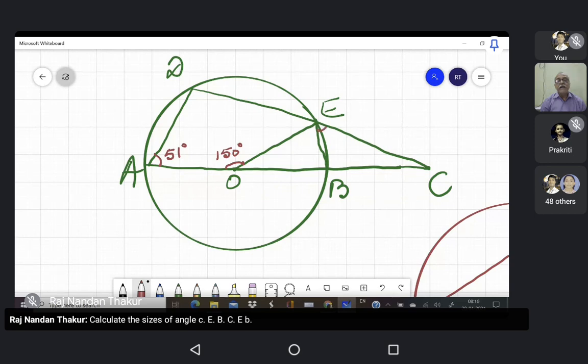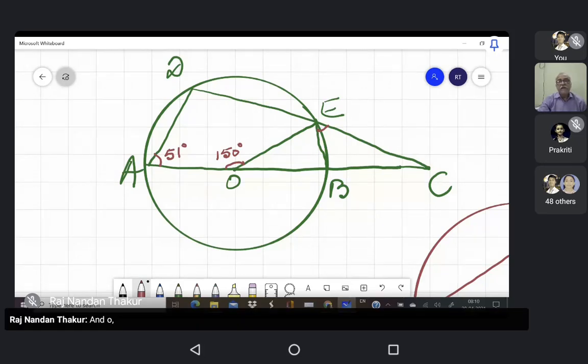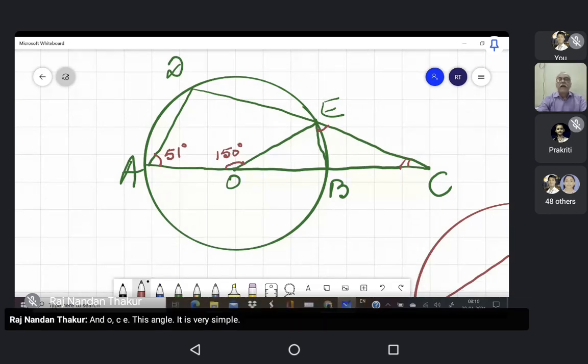CEB, this angle. OCE, this angle. It is very simple. This angle will be 51.